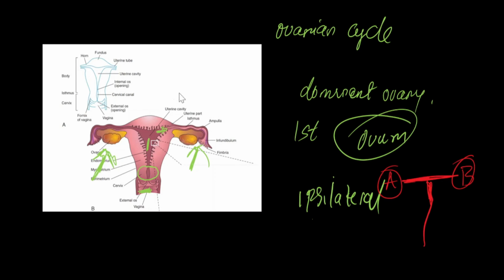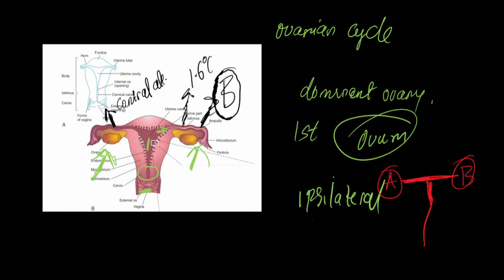Okay, so basically, if we have it that the ovary on this side, illustrated in this picture, side B, is the ovary that has released the ovum for this particular ovarian cycle, studies have shown that the fallopian tube that is ipsilateral, or on the same side as this ovary, has a temperature difference of about 1.6 degrees Celsius higher than the fallopian tube on the other side, which is the fallopian tube that is contralateral.